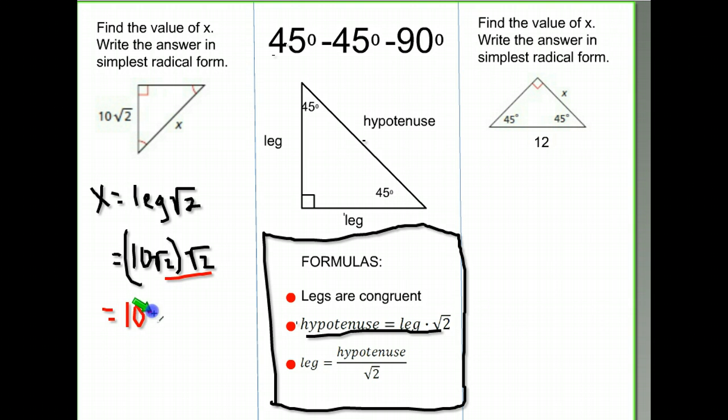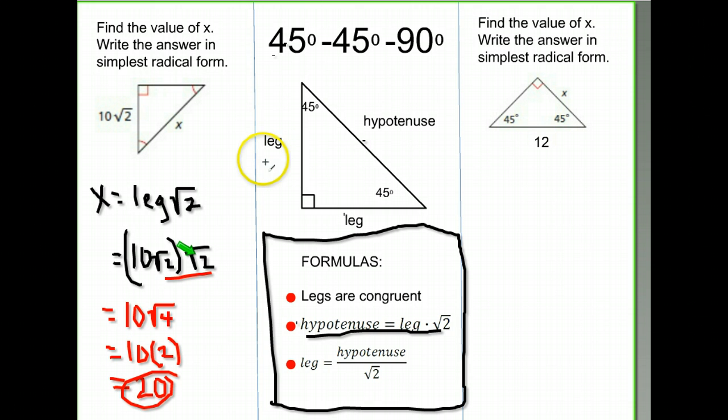That would give you 10 times the square root of 4, because 2 times 2 is 4. The square root of 4 is 2, and that gives me 20. But again, you could also do that just using your calculator. You can multiply 10 root 2 times root 2, and it'll give you the same answer.